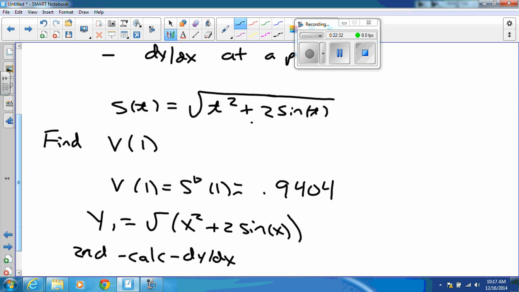Yeah, that's correct. She's in degree mode. She did not do a check to make sure that she was in radian mode. Everybody check, make sure you got this answer and not the 1.0001. Okay? Good.